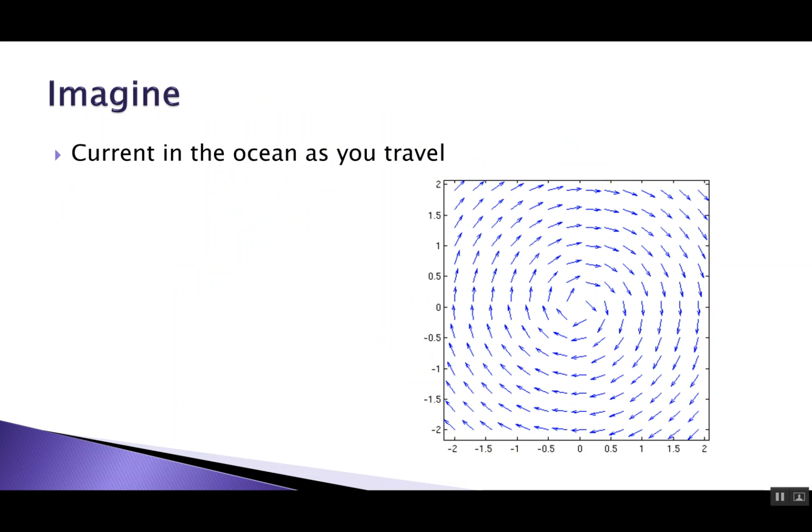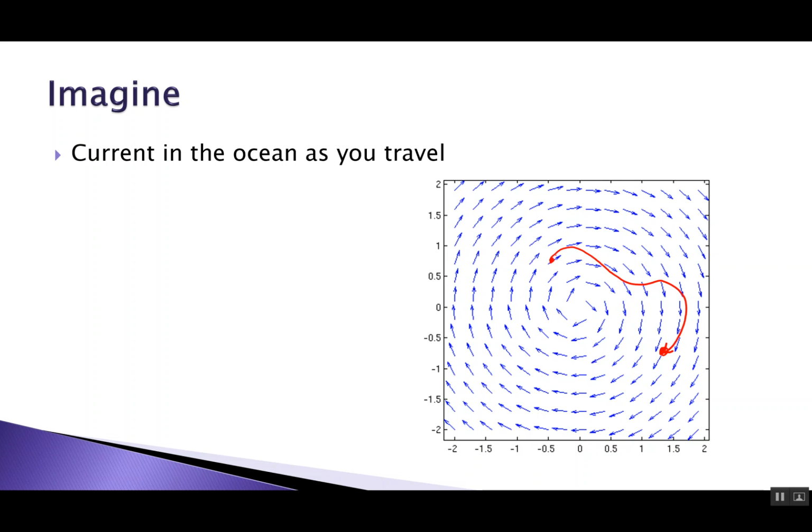So now let's look at this. Before, we did this when we had a straight line, but now let's imagine that we're in the ocean and we've got a little eddy here. This is the current in an ocean, and you are starting here and moving, but you're not moving in a straight line. You're moving in a curve.